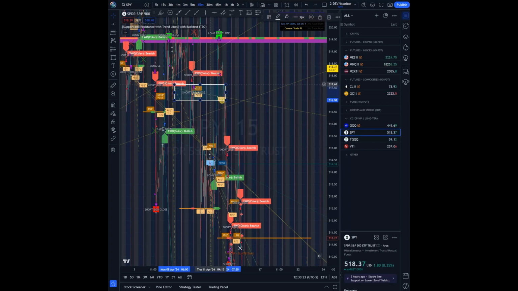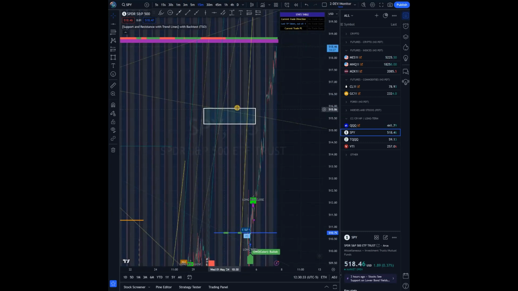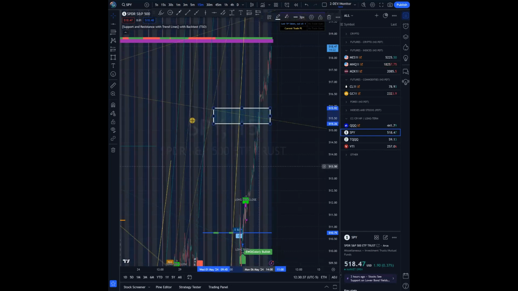So you see this breakout of this trend line. Once the bus is gone, in here it's no longer valid. It is a bit confusing, but hopefully the bus analogy explains it.